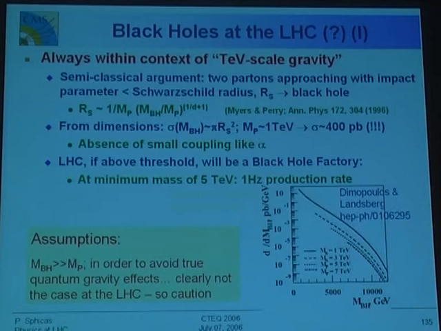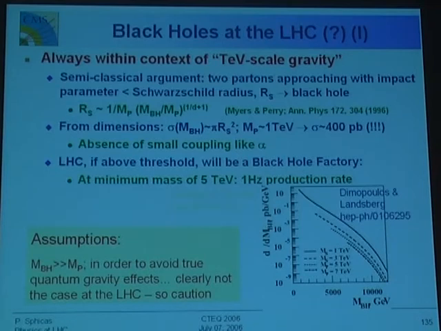Let me finally turn to one other exciting thing you may have heard about. If indeed there is something like a TeV scale, which is relevant to the LHC, then you can also think about black hole formation in the interactions.